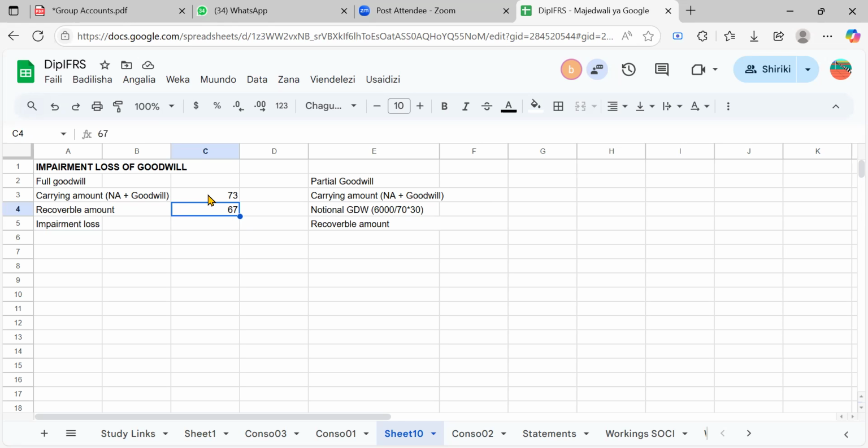Is it normal? It's not normal. Reduce it. That's why you call it impairment loss. So we have a loss of 6. It's 73 minus 67. Okay, impairment loss of 6.